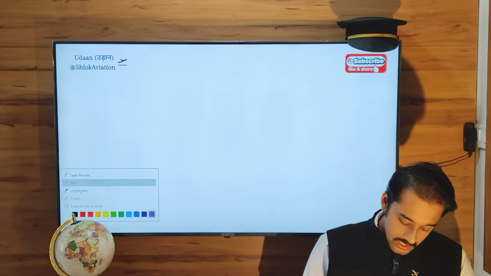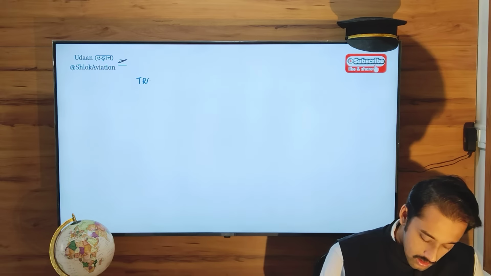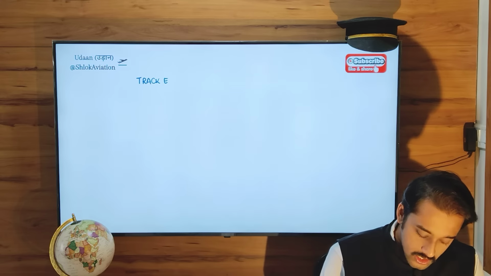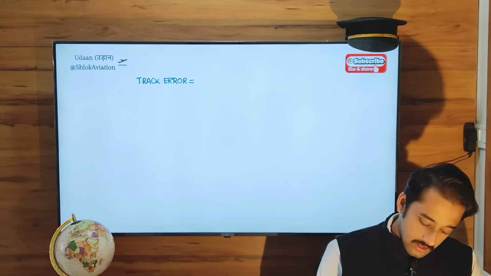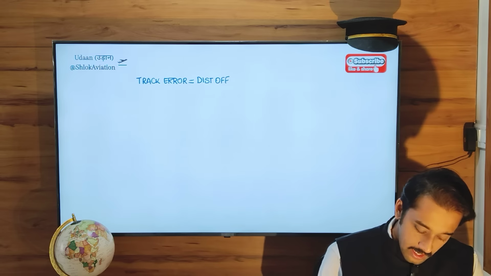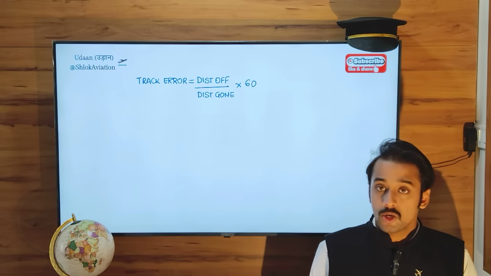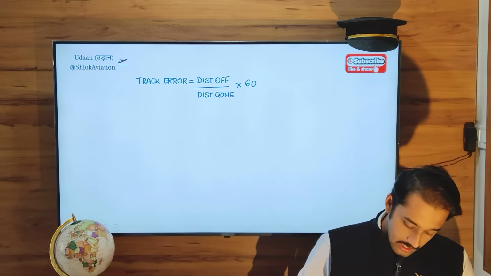So the formula is track error equals distance of track divided by distance gone, into 60, with 60 in the numerator. Substitute the values.